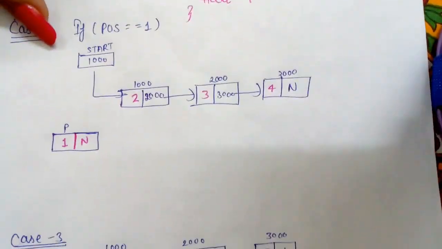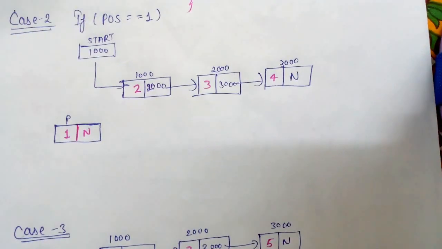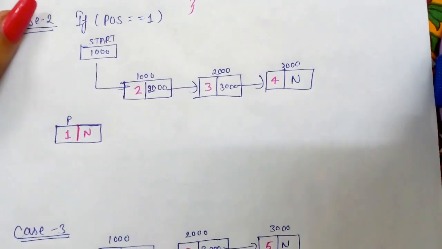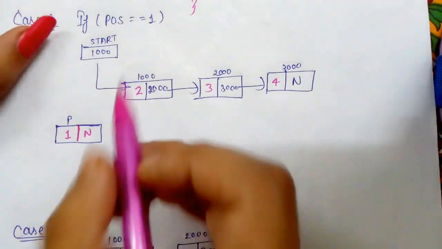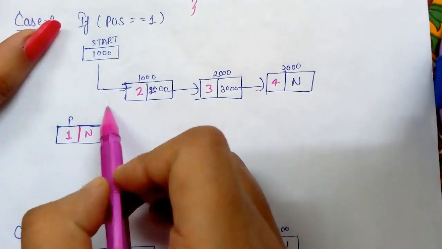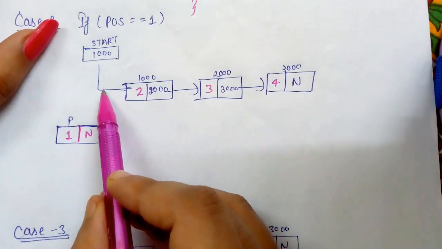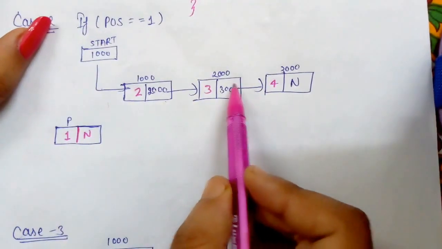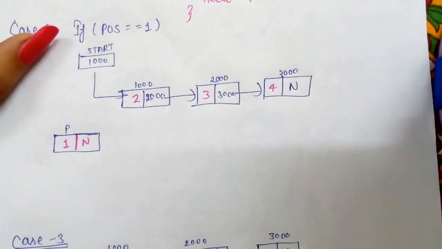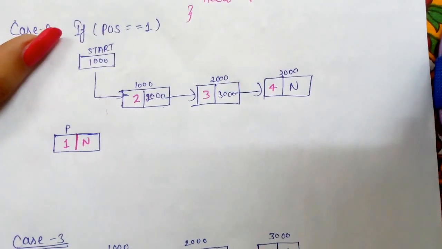Now what is the second case? If the user wants to insert the node at position 1. Position 1 means at this position. If it is inserted at position 1, this will be the second node, this will be the third node, and this last one will be the fourth node.